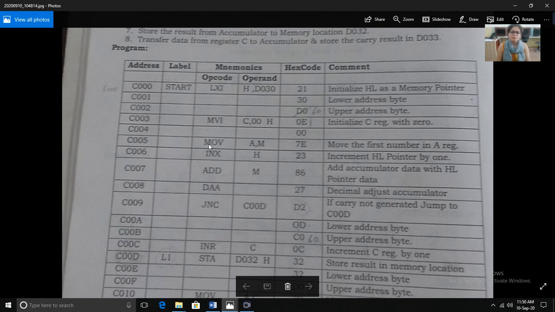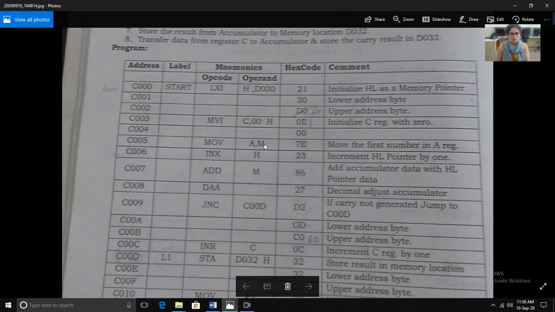Now the next step is MOV A, M. Why is it MOV A, M? Because we are pointing to a specific memory location, that is 6030, by using the HL register pair. Now we have to move that content into the accumulator. Why? Because we have to move the HL register pair to the next memory location to fetch the next operand.